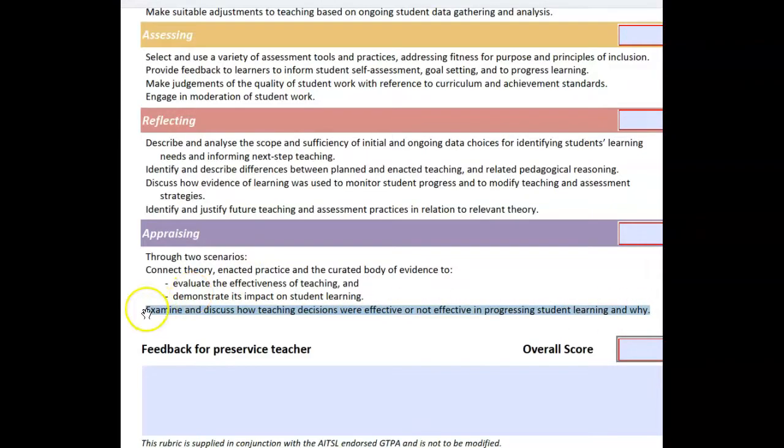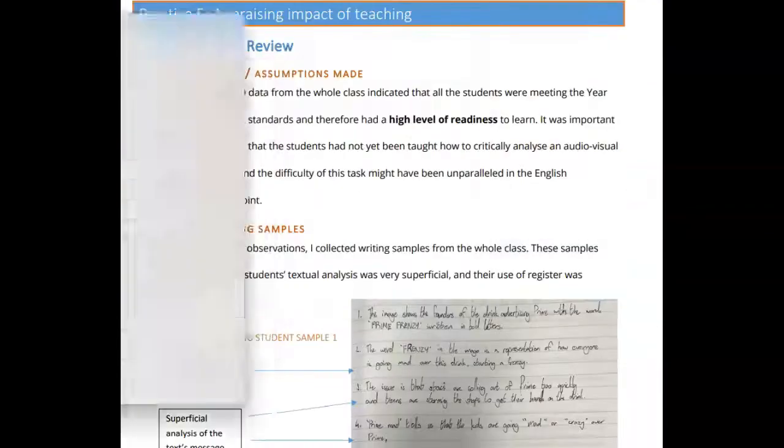That's really a whole class sort of discussion. But your scenarios, this is your data narrative: data, analysis, planning and teaching, impact. So your scenarios are your whole class and a couple of your focus students.